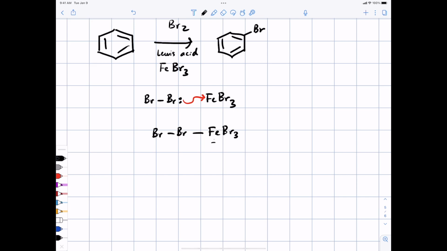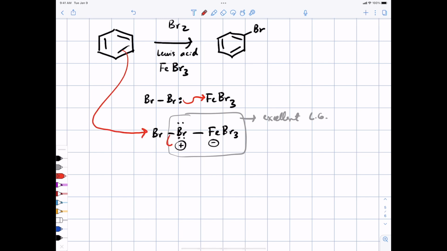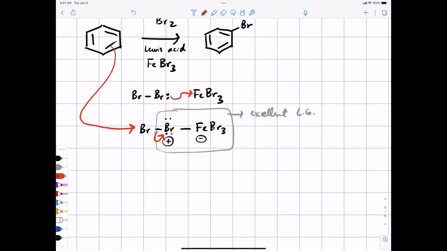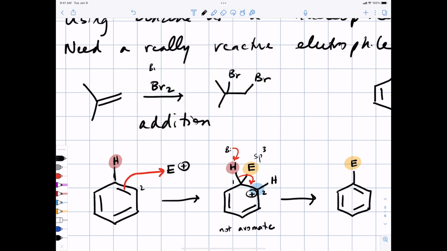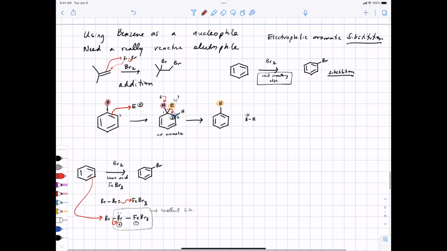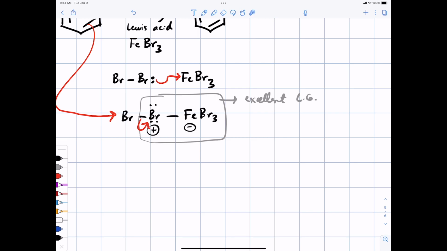What that does is it puts a negative formal charge on iron and a positive formal charge on bromine, and it basically turns all of this into an excellent leaving group, such that benzene can attack the bromine, breaking the bromine-bromine bond. You've seen pi bonds attack bromine before. That was really easy, right? Breaking that bond, and then this one goes there. We're just making that process easier by making the leaving group not be Br minus, but be something that's neutral.